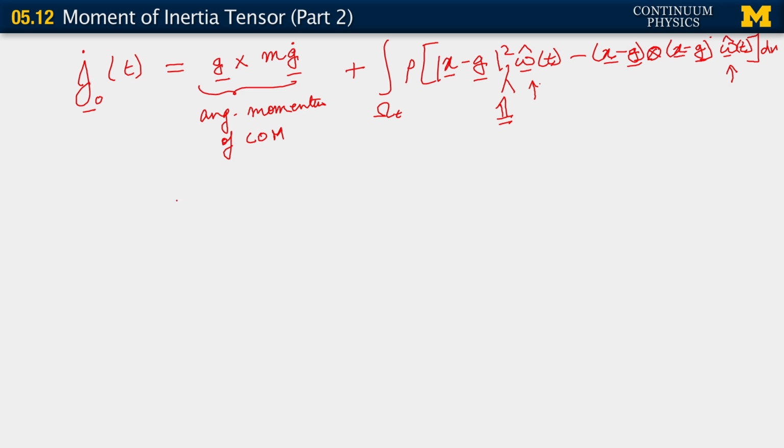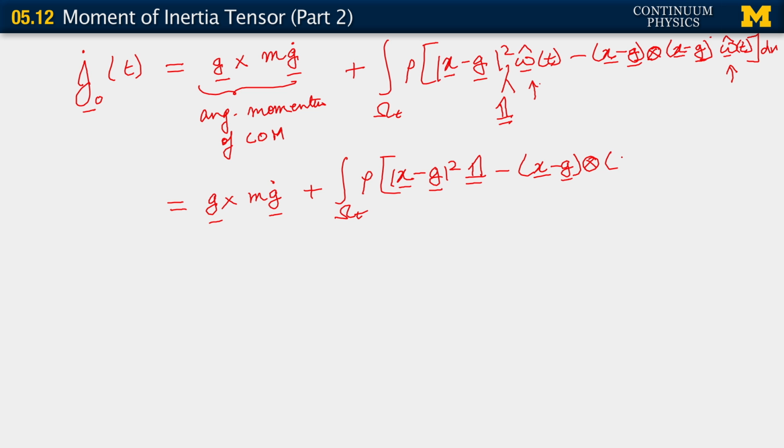What this lets me do is to write out our right-hand side as the angular momentum of the center of mass plus an integral over omega t of rho times x minus g Euclidean norm squared isotropic tensor minus this dyadic product, or the tensor product of x minus g with itself, all of this integrated over dv, not times, but acting on the vector omega hat.